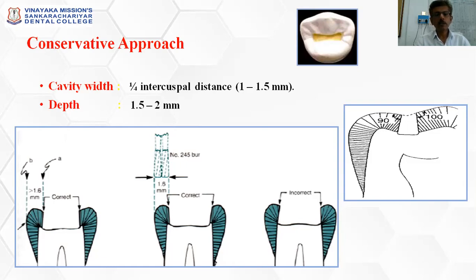Now on the left side you have a corrected version wherein either it could be straight or there's a small degree of convergence, but to have too much is said to be incorrect. Again, it has to do with the direction of the enamel rods. You do like this, you're going to end up leaving unsupported enamel, or enamel that is having a lacuna of sound dentin, which ultimately results in collapsing of the tooth structure on occlusal loading.